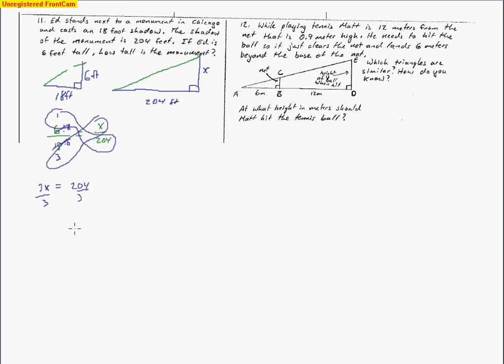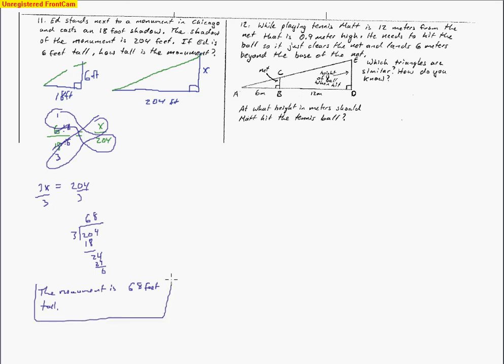So 3 goes into 20, goes in 6 times, 8 left over, or making 18 with 2 left over. And 3 goes into 24, we have 8 times. And so that gives me that evenly. And so 68 feet. So we'll say the monument is 68 feet tall.